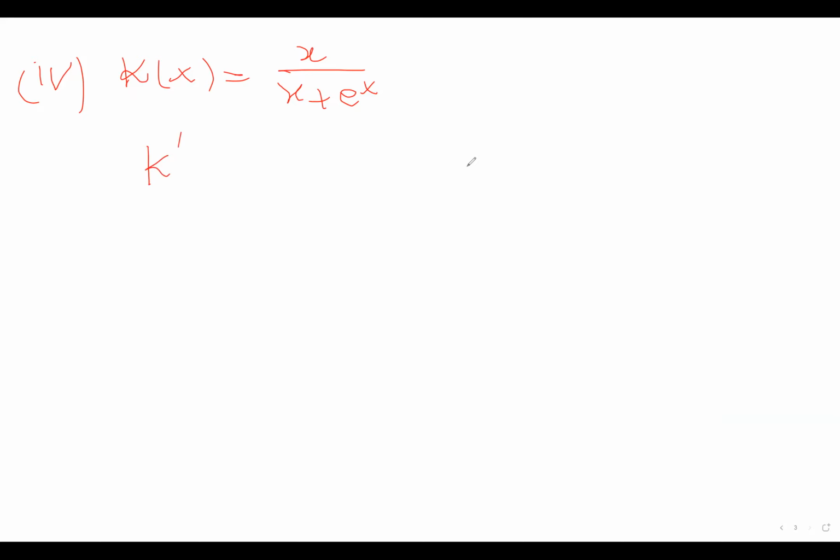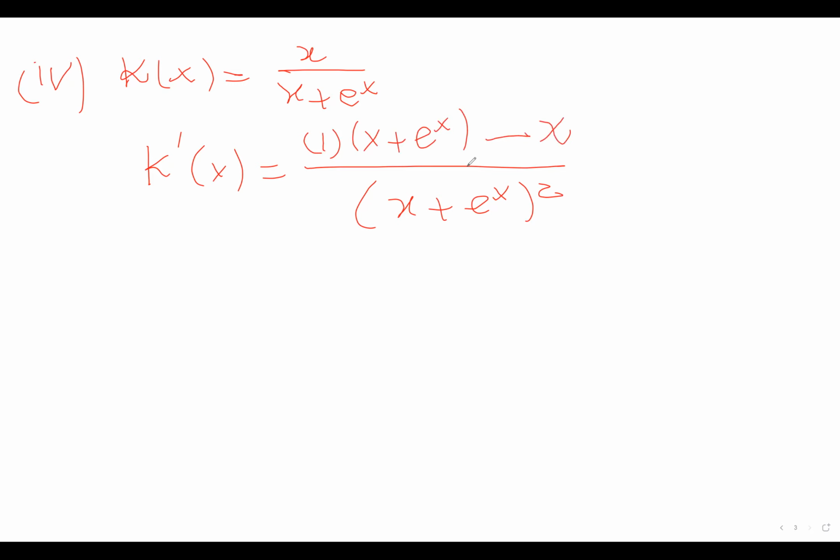So k prime will be the denominator squared, (x plus e^x) squared, and the numerator f prime g minus g prime f. So 1 times x plus e^x minus x times the derivative of this function, which is 1 plus e^x.